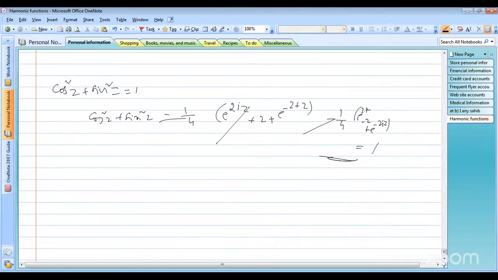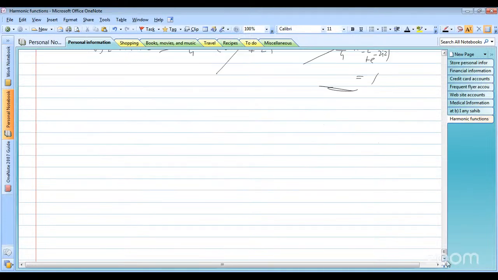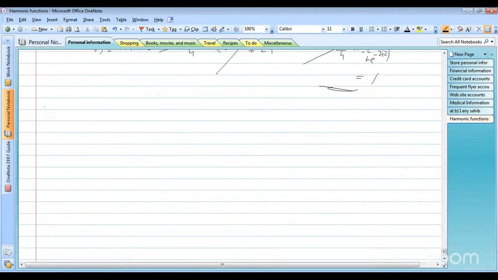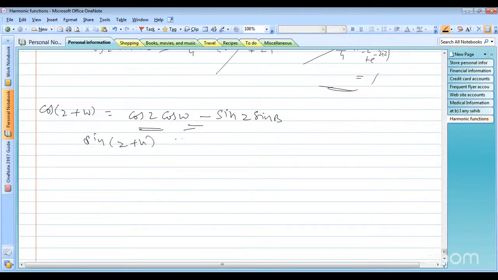Then cos of z plus w: cos(a + b) equals cos a cos b minus sin a sin b, so cos(z + w) is cos z cos w minus sin z sin w. And for sin z plus w, see the sin(a + b) formula: sin a cos b plus cos a sin b.